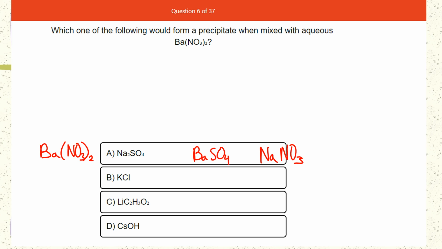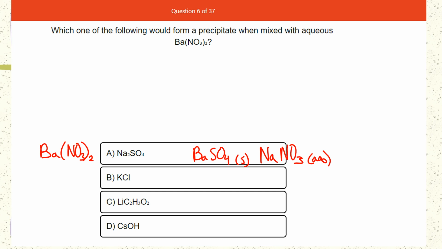It's aqueous. All right. I need to look up barium with a sulfate. So sulfate, look at the sulfate rules. Tell me if barium is one of the exceptions. All right. So because barium's there, that makes that a solid.